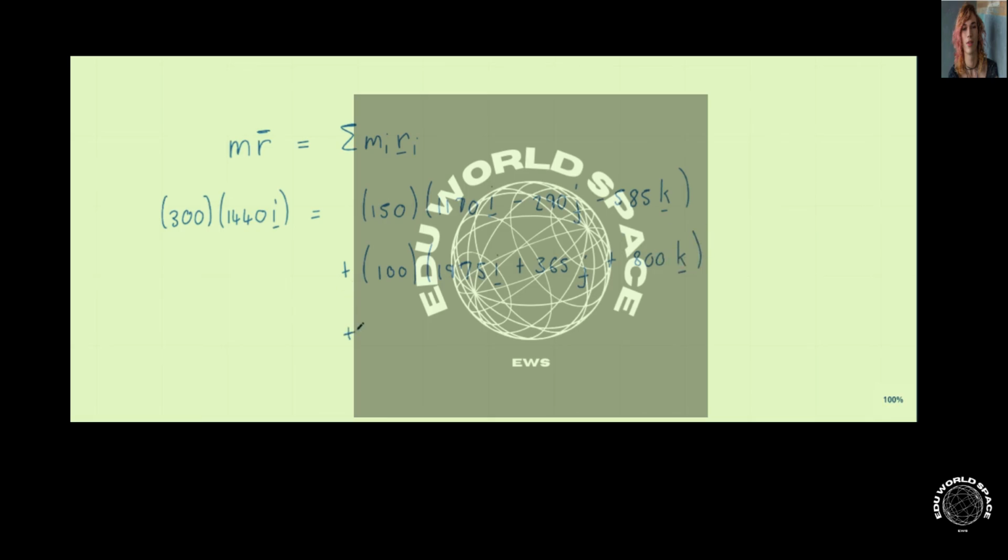And finally, for fragment C, we have the mass of the fragment, which is what's remaining, 50 kg, multiplied by its position vector r_C, which we wish to calculate.